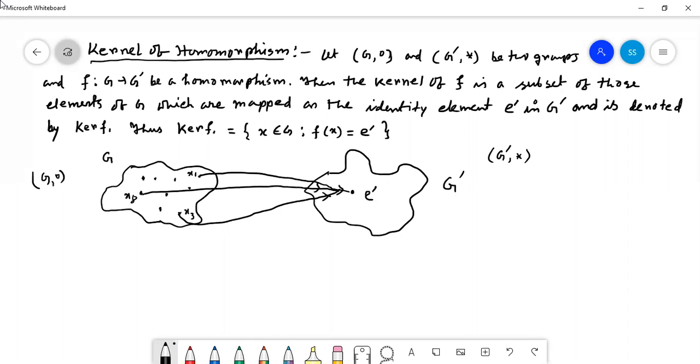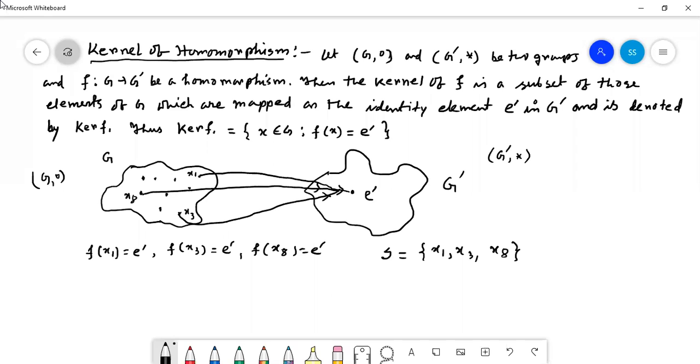So we can write F of X1 equals E dash, F of X3 is also E dash, F of X8 is also E dash. So if we take a set S equal to some elements, that is X1, X3, X8, now this S is a subset of G. In G there are so many elements with these elements. So S is a subset of G, isn't it?